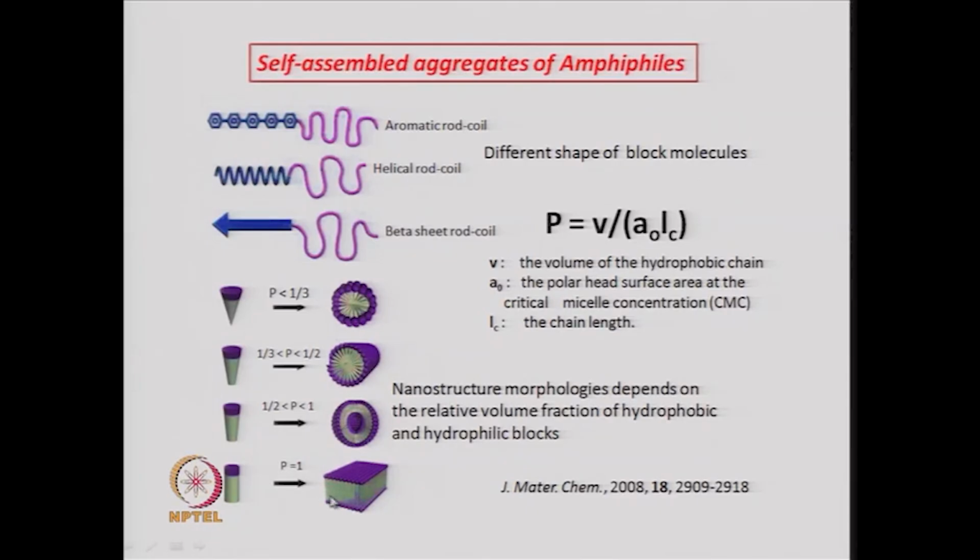You can have lamellar structures when the value of P is nearly equal to 1. So, the self assembly leads to different structures depending on this packing factor, which depends on the volume of the hydrophobic chain, the area of the head group, and the length of the hydrophobic chain. You can control the morphology of the nanostructure by varying one or more of these factors.